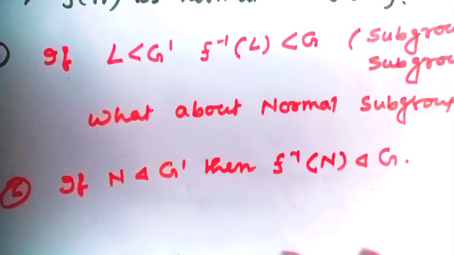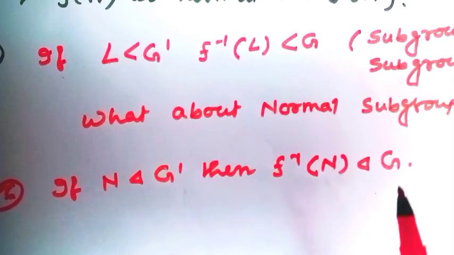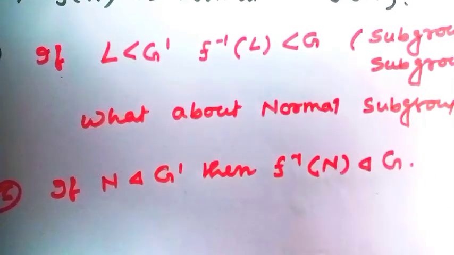If N is a normal subgroup of G dash, then f inverse of N will be a normal subgroup of G. Are you getting it? After knowing these properties, it becomes easier to find homomorphisms and isomorphisms. Let's see one example using these properties.